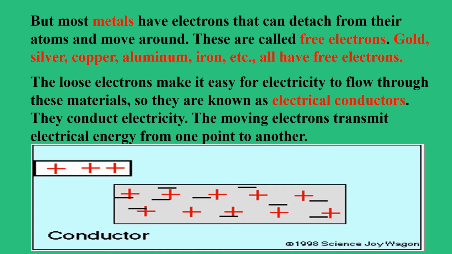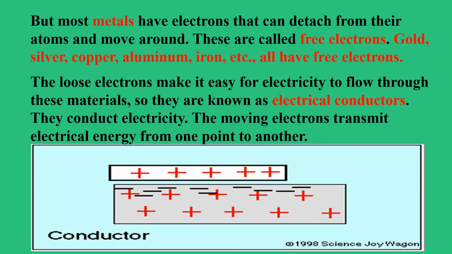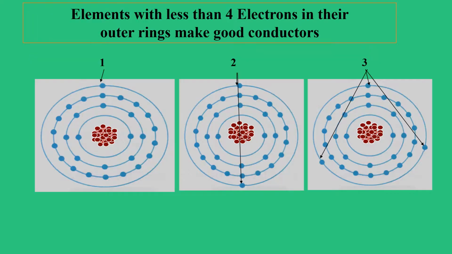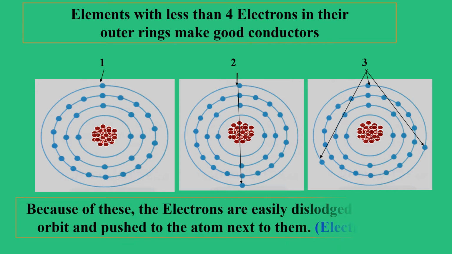The moving electrons transmit electrical energy from one point to another. Elements with less than 4 electrons in their outer rings make good conductors. Because of this, the electrons are easily dislodged from their orbit and pushed to the atom next to them, which is called the electron flow.